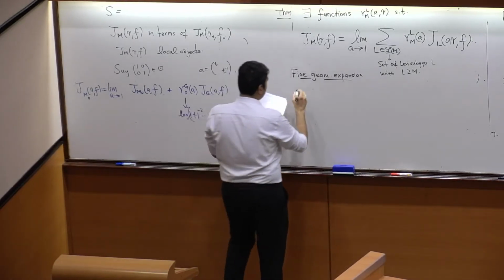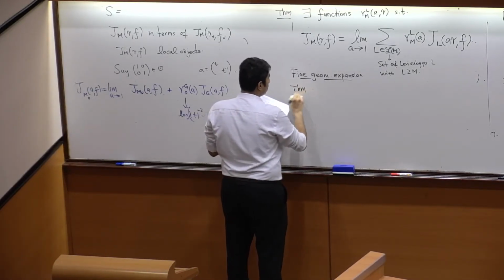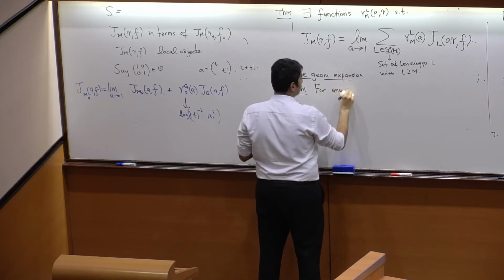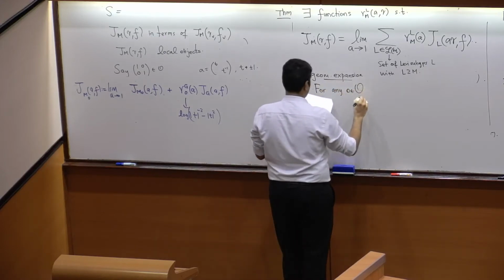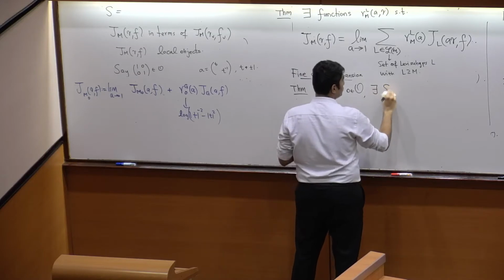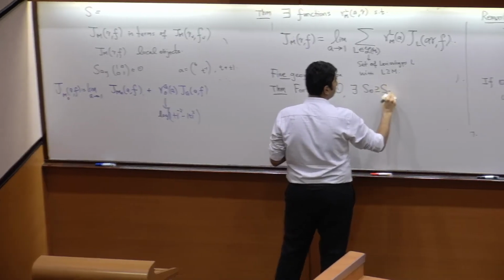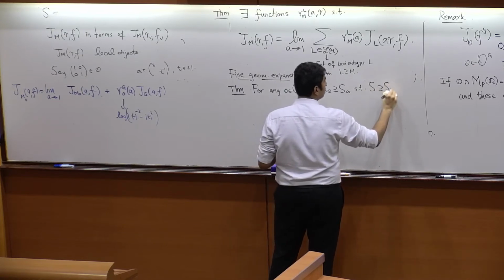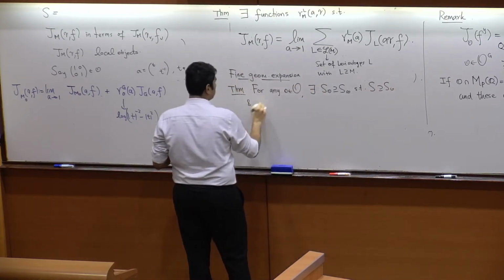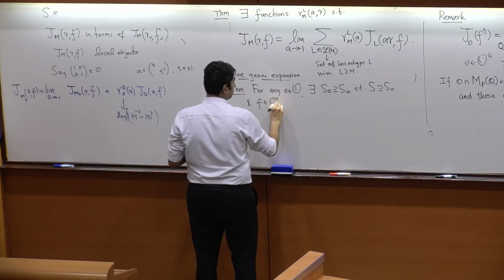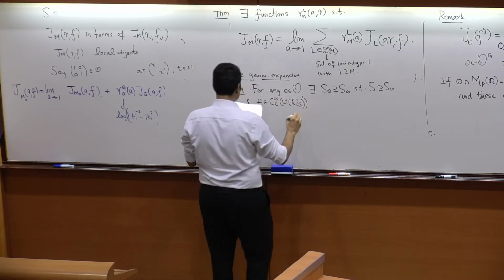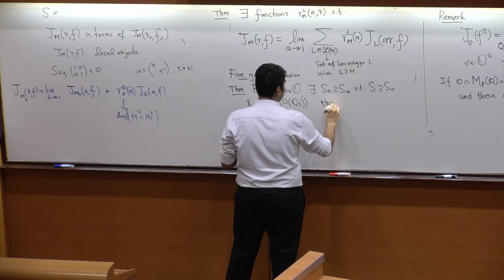Okay, so the theorem here is that for any O, there exists a set S_O containing the Archimedean places, such that if you go bigger than that and take your test function inside this set of places, then the following holds.